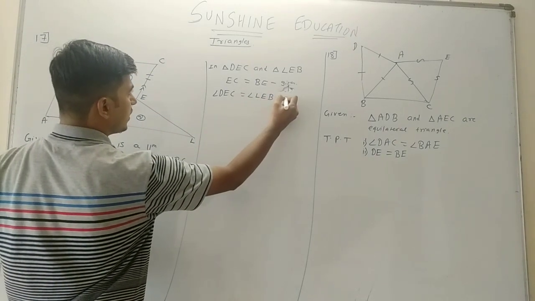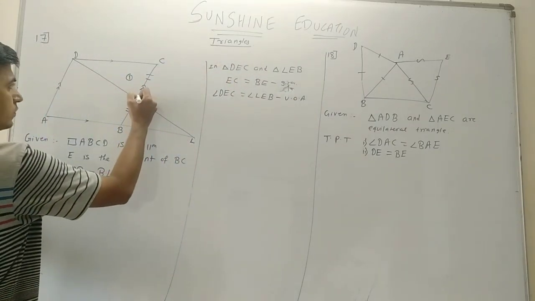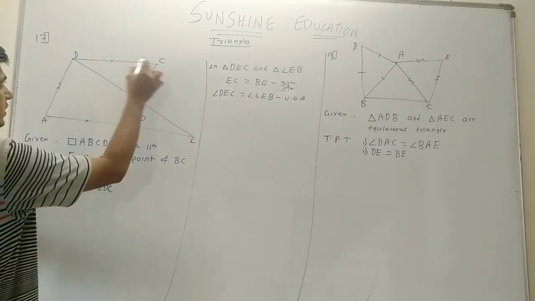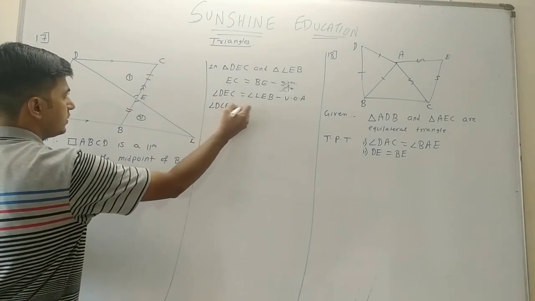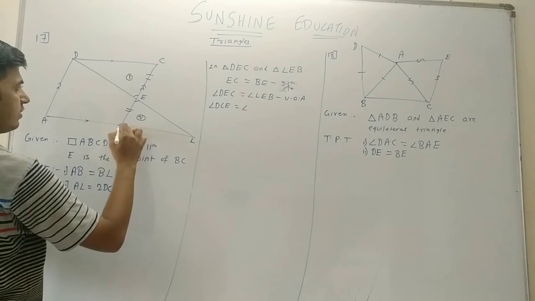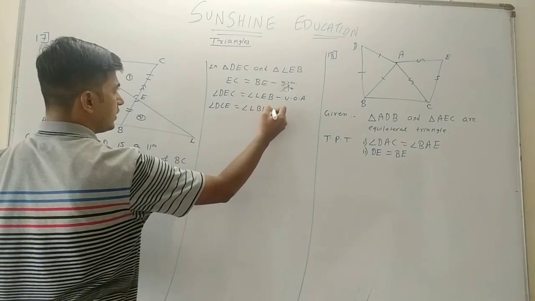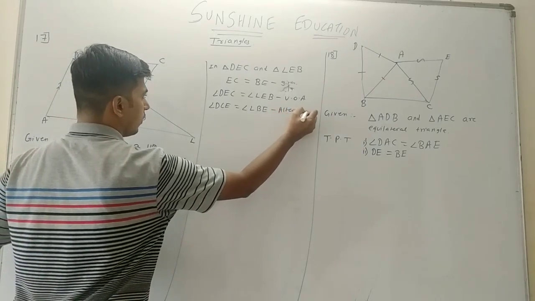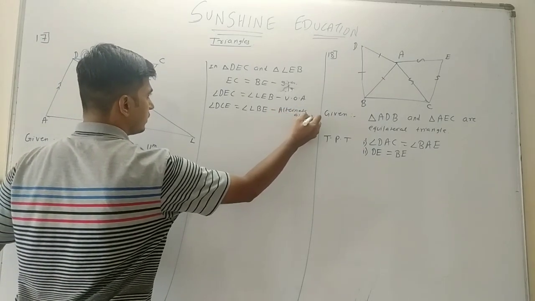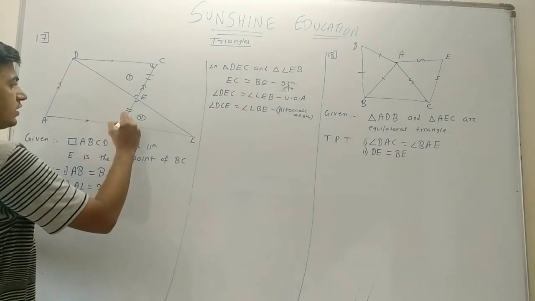See, this is vertically opposite angle. Okay, so this and this. Now DCE is equal to LBE, alternate angles. Okay, so this angle and this angle is equal.